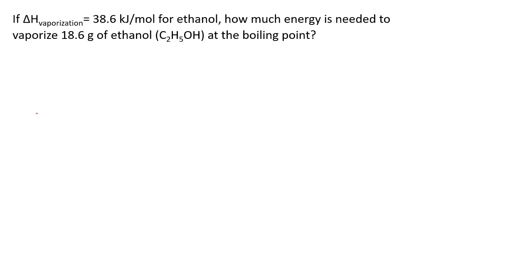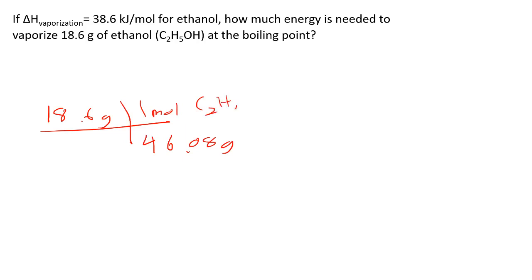So we know we have 18.6 grams. We know from the molar mass that 46.08 grams of ethanol makes 1 mole of ethanol. Then from there, if you prefer, you can use this equation, Q equals n delta H vaporization, and plug it in.